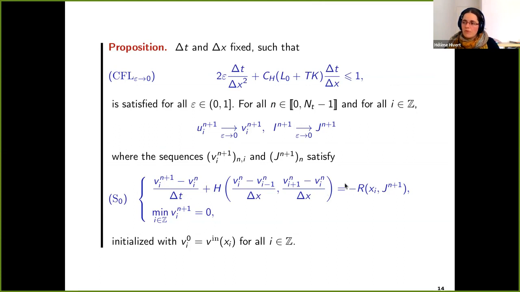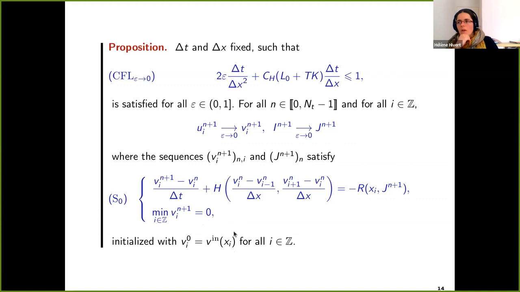Formally, for V the epsilon times the Laplacian disappeared, and the equation for I became a constraint on the minimum of V, and this is the equivalent of the stationary phase theorem for the integral I.